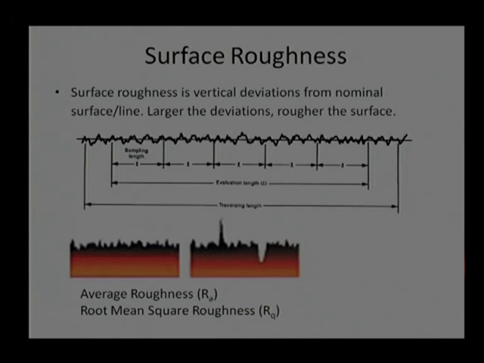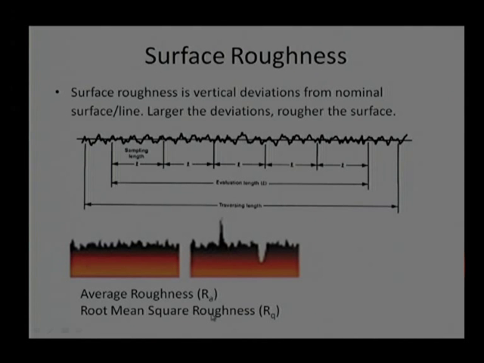Now, there are a number of surface roughness parameters, what we call peak amplitude related parameters. The most commonly used are average surface roughness, where we take peaks and valleys, sum them up and take the average value, and the root mean square surface roughness. We again take peaks and valleys, square them, average them, and then take the square root.